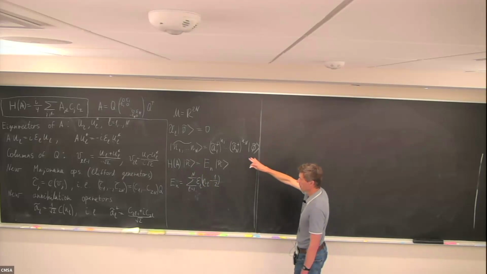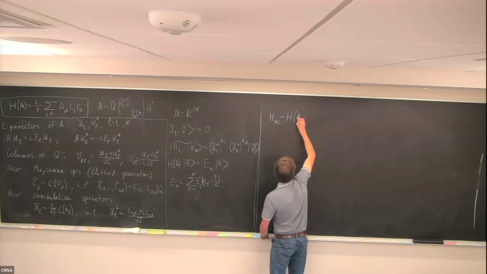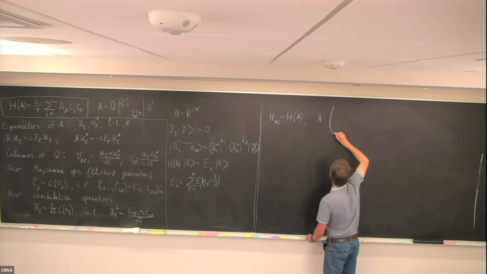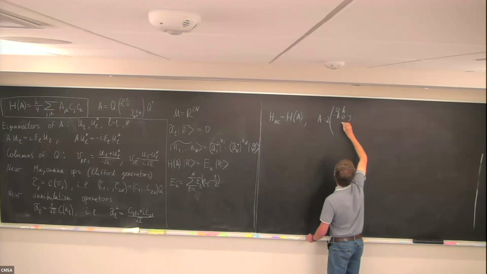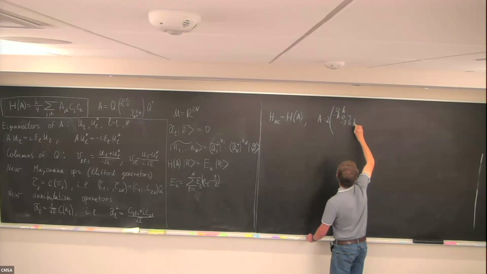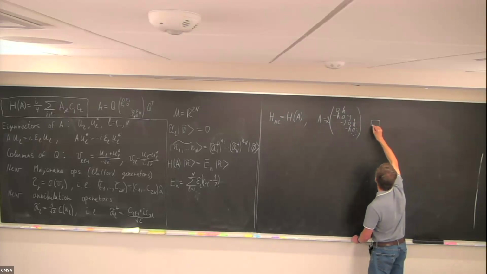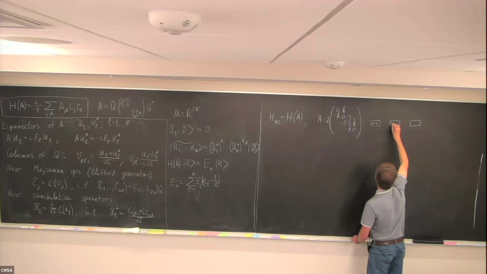we can apply it to the Majorana chain Hamiltonian. The Majorana chain Hamiltonian is H of A for a special A. And instead of writing such matrices, let me just draw boxes with dots.